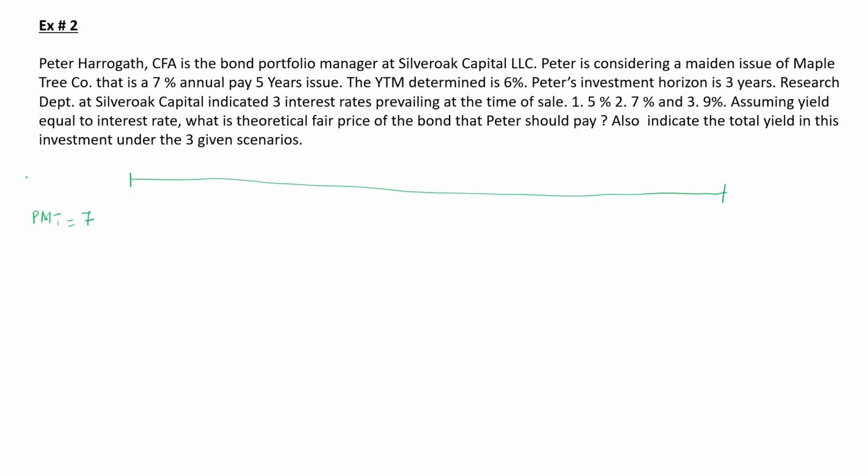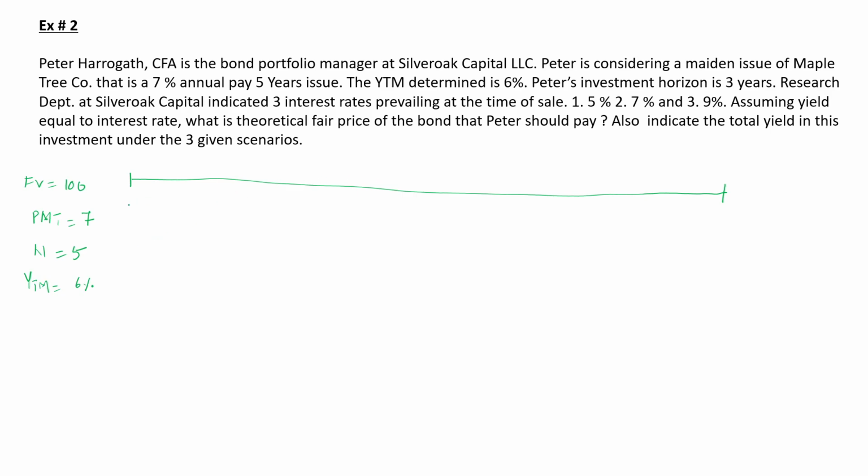We will assume that the face value out here is 100 because nothing has been mentioned. So 7% of 100 is 7. So it's getting an annual coupon of 7, with a full tenor of 5 years, and the determined yield or YTM is 6%.